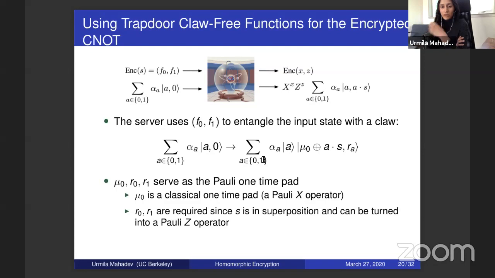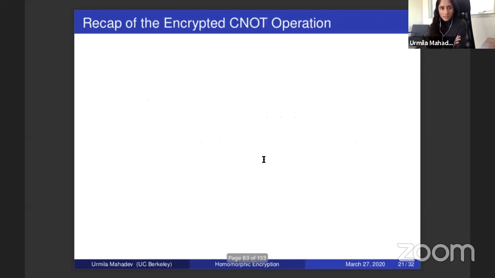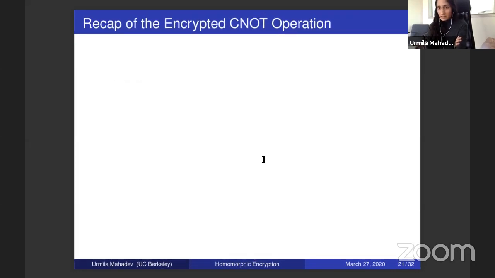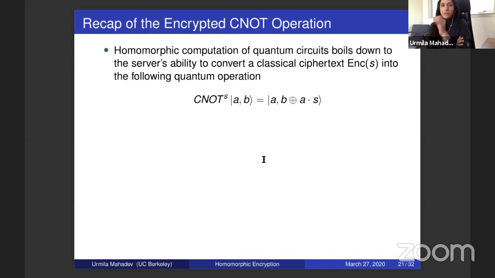All right, so now I'm going to continue. But before I continue, let me just say what I've done so far and what remains to be done. I started off by telling you that the homomorphic computation of quantum circuits boils down to the server's ability to convert a classical ciphertext into a conditional CNOT operation, which is the quantum XOR operation.